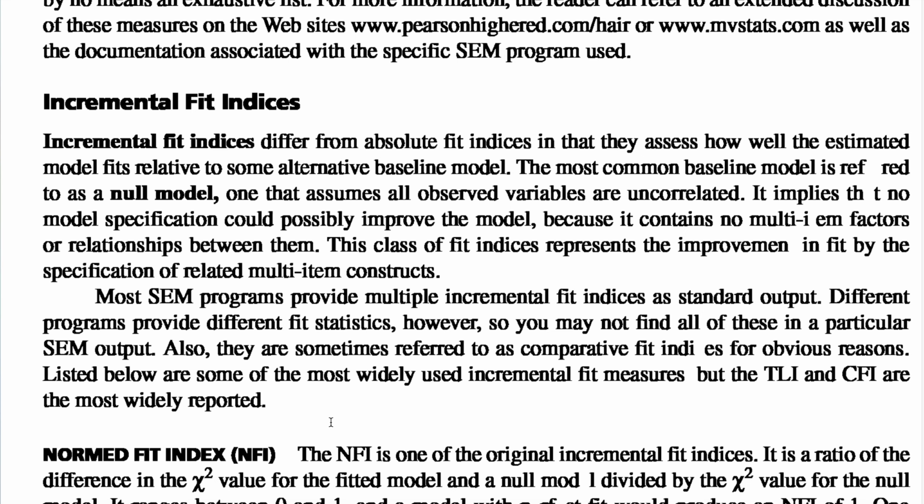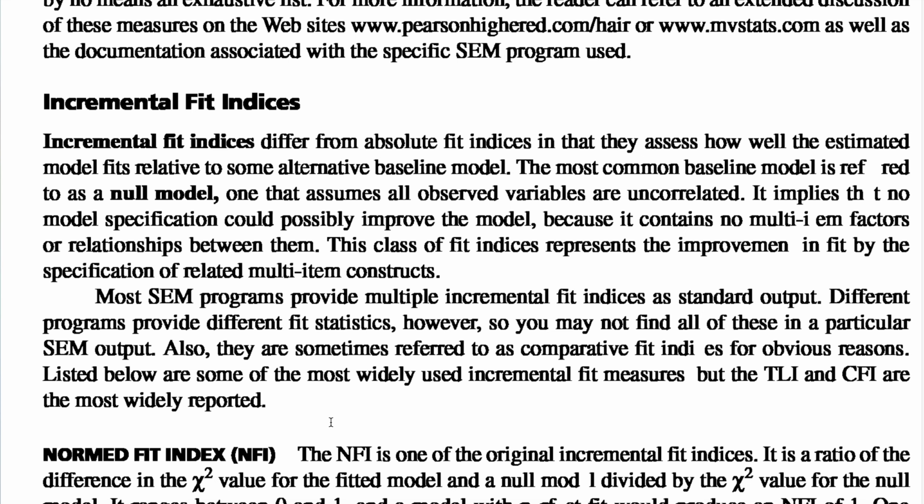It implies that no model specification could improve the model because it contains no multiple factors or relationships between them. This class of fit indices represents the improvement in fit by the specification of related multivariate constructs.